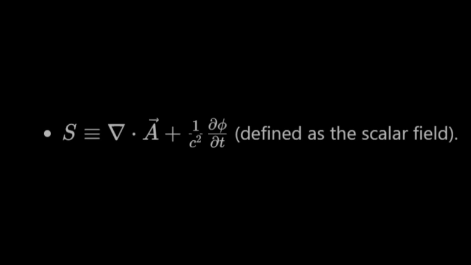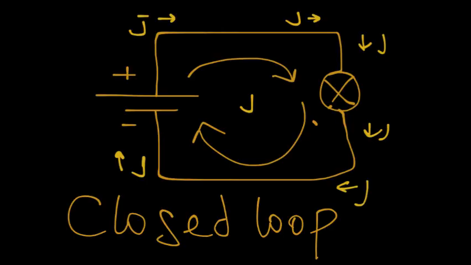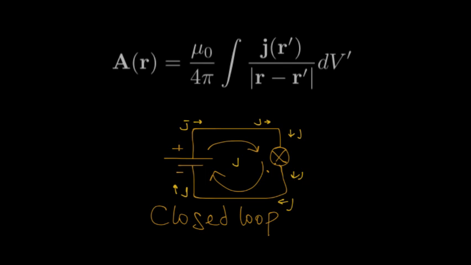But if you look at the divergence of A, now in typical AC, DC electrical situations, and even most RF applications, the divergence of the vector potential field is usually zero or close to zero. And you can really see that when the current flows in a closed loop, since the expression for A directly depends on current densities integrated, the A field will be purely rotational or solenoidal, it will not have any divergence.